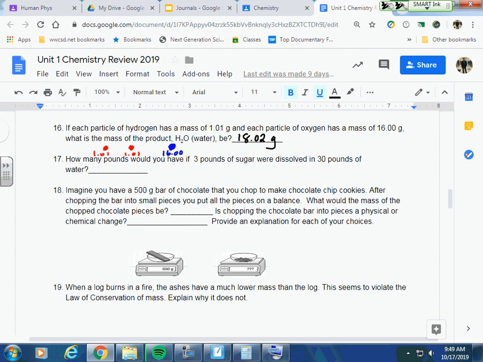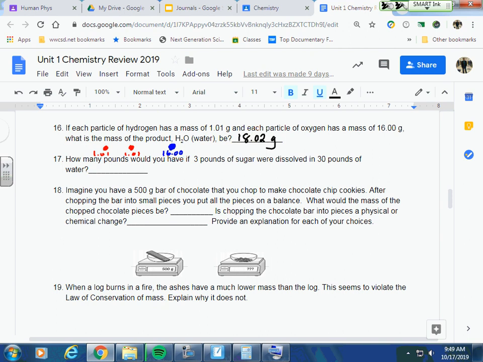All right, 17, similar concept. And this goes along with what you should have seen when we did the lab, the sugar dissolving in water. If you take 3 pounds of sugar and you dissolve it in 30 pounds of water, nothing's going to leave the system. Nothing's going to enter the system. What you started with is still going to be there at the end.